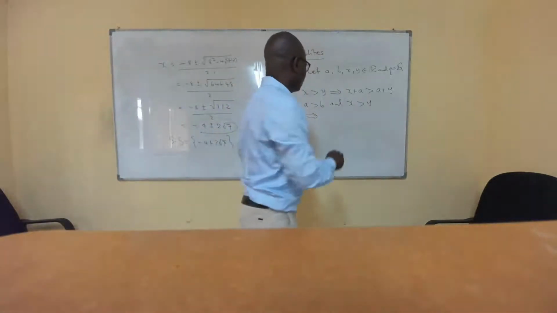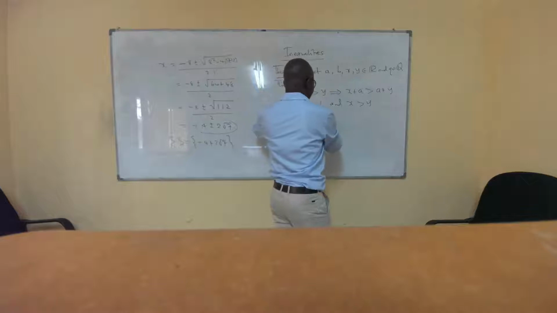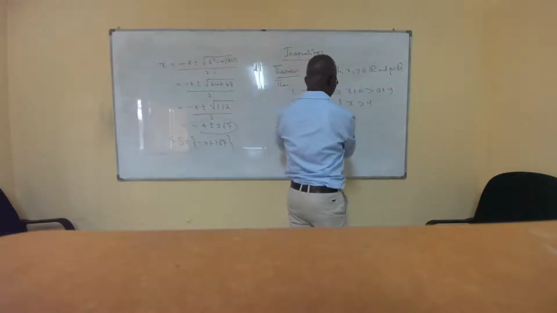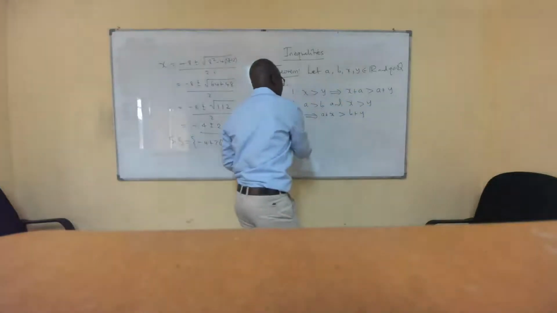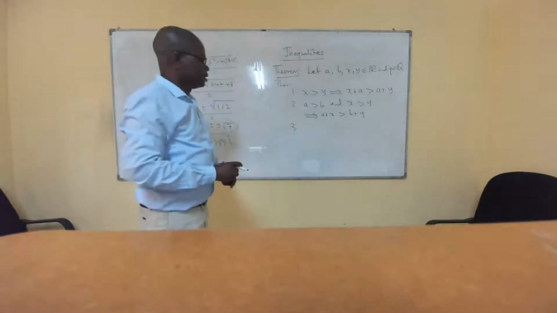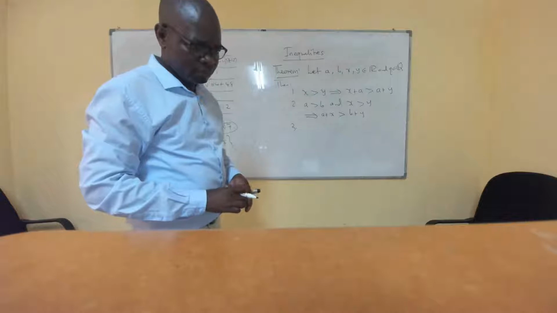It is also true, meaning I can add a plus x, and it will still be bigger than adding b to y. This is great, meaning we can add two inequalities.